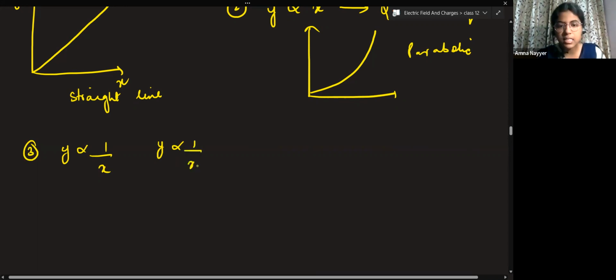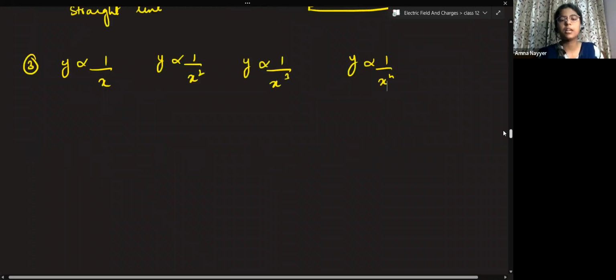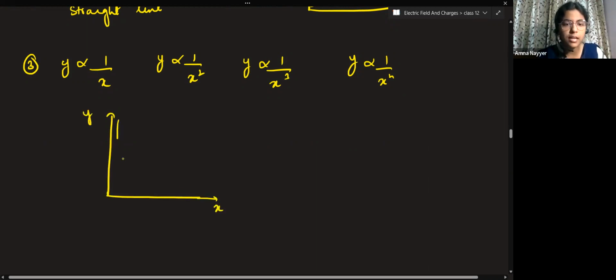If y is inversely proportional to x square, or to x to the power 3, and so on, you take any value of x to the power n, what happens? The graph that you get is a hyperbola, which shows that both the quantities are inversely proportional to each other. If this is y, this is x, the graph will be in this manner.